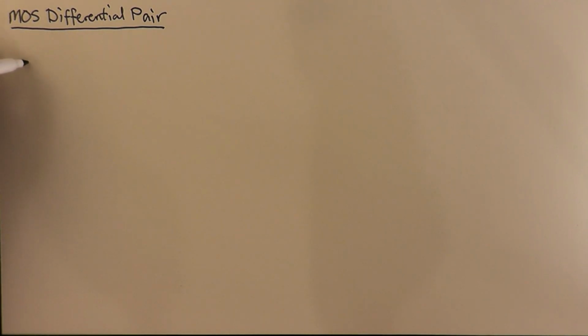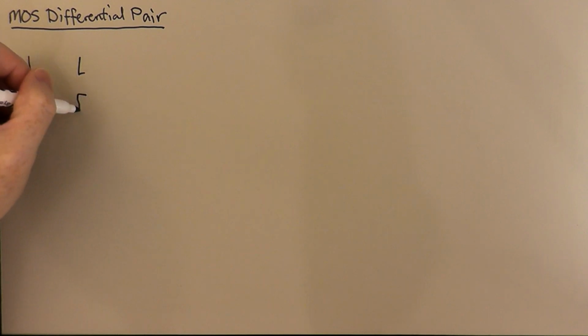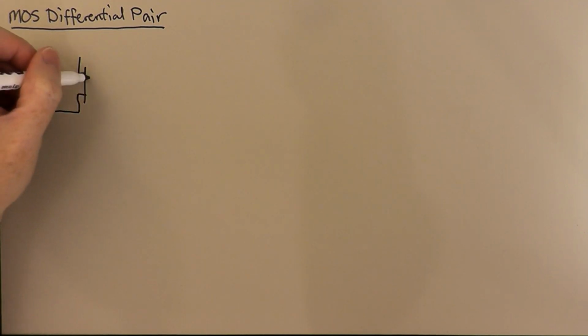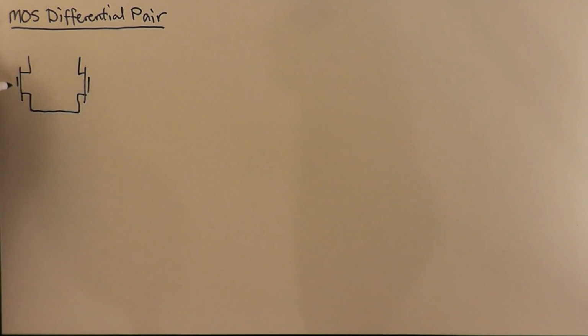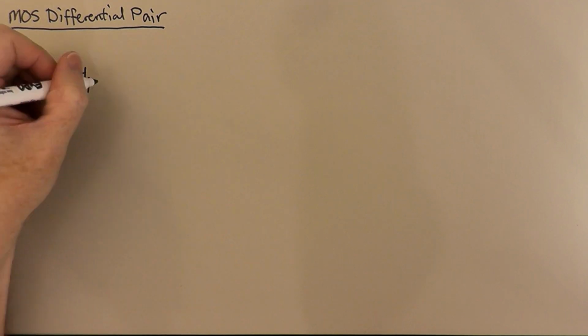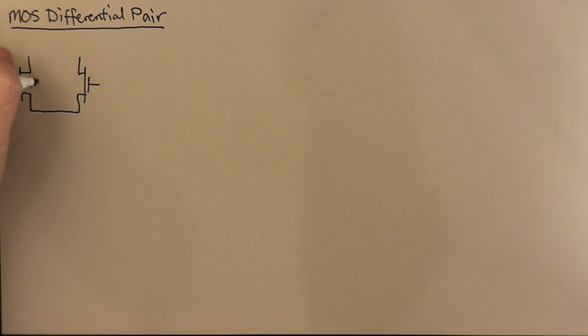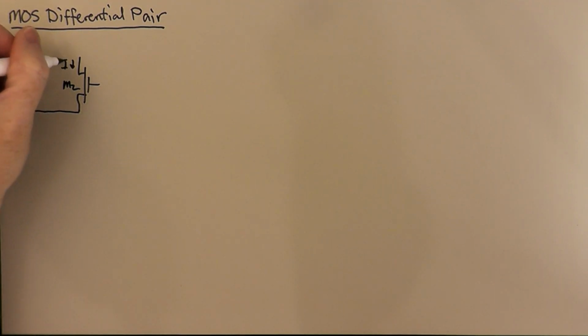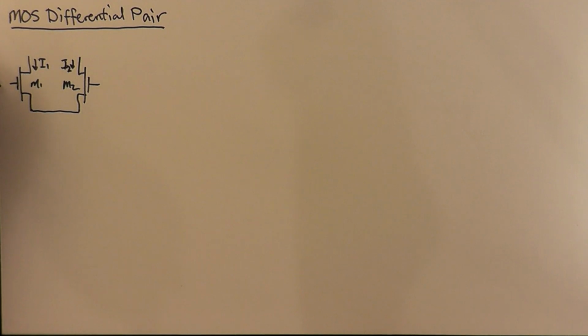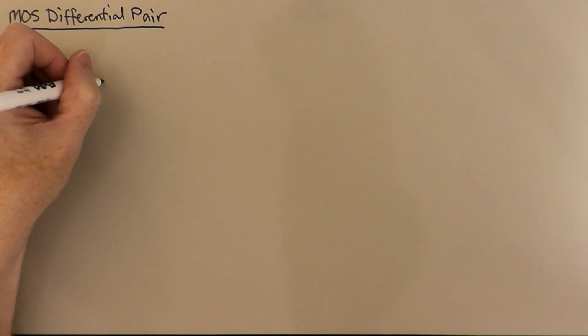But we have here a circuit made from 3 NMOS transistors. 2 of them, and this is the actual differential pair here, we're going to call M1 and M2. And there'll be 2 currents, I1 and I2, and we're going to have an input V1 and input V2.